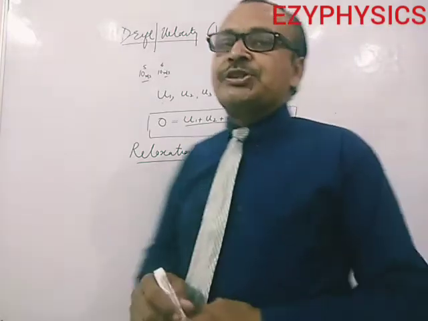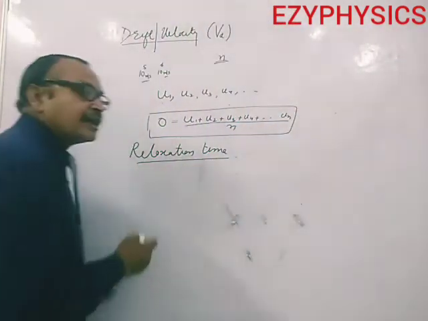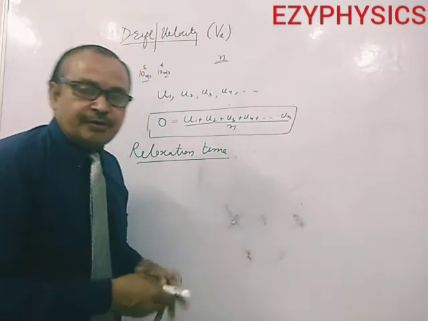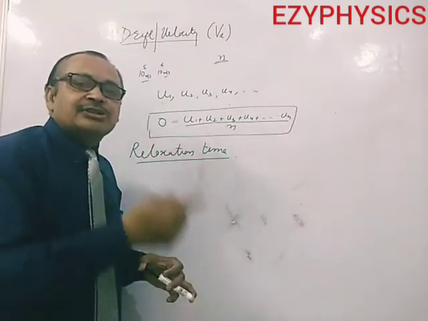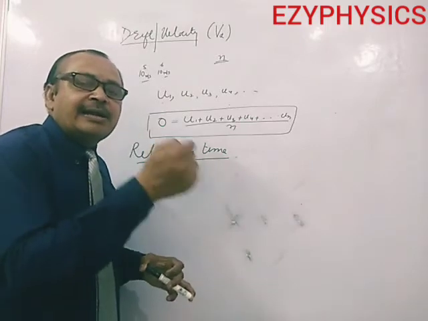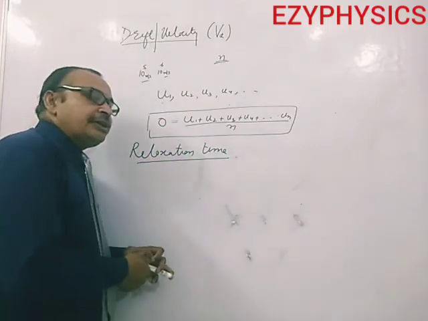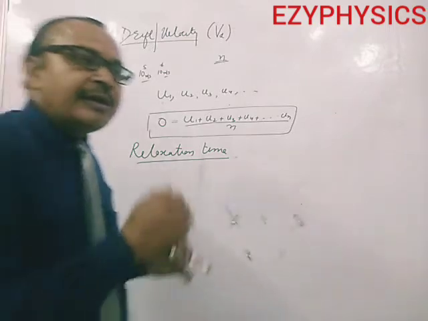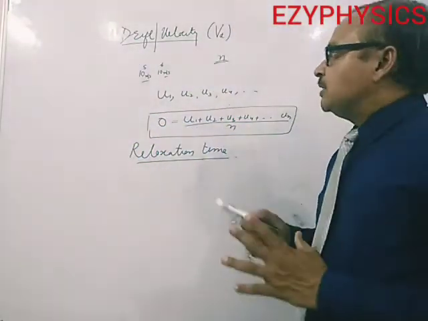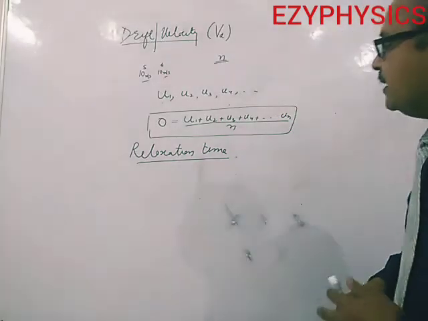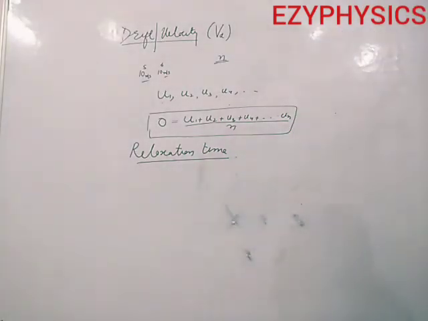And you will appreciate that the direction of this drift will be against the direction of the applied electric field. So these electrons will drift in a direction opposite to the applied electric field. Is it clear, my dear friends?